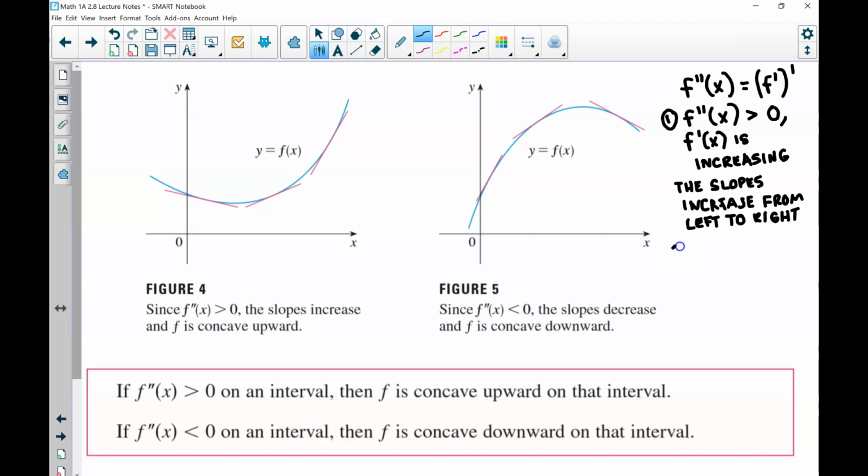Now we can also find out what's happening when the second derivative is negative. So when the second derivative of that function is less than 0, which means that f prime, meaning the first derivative, is decreasing.